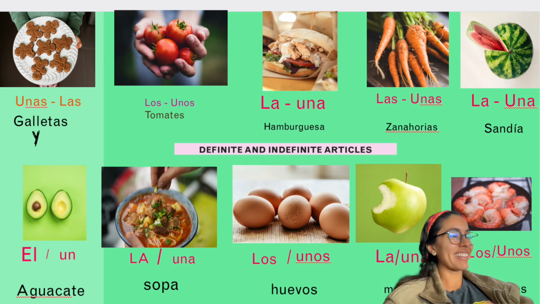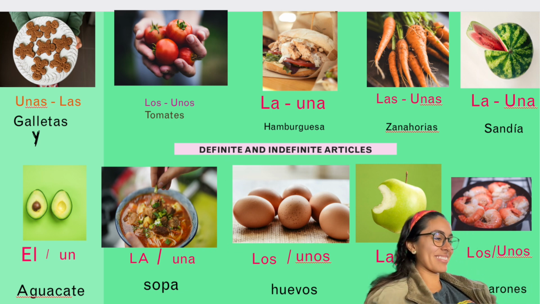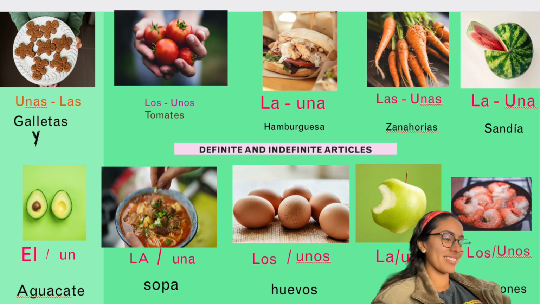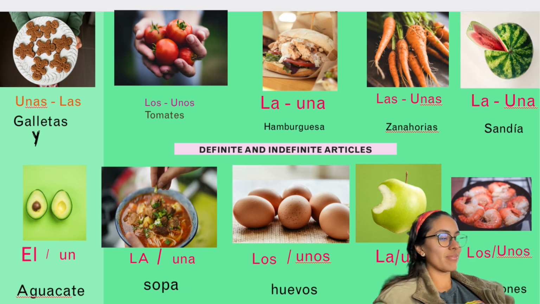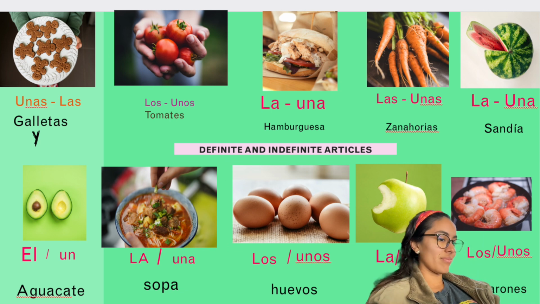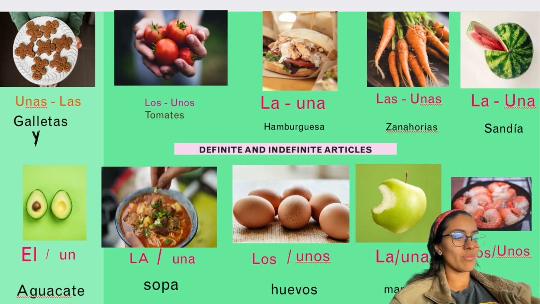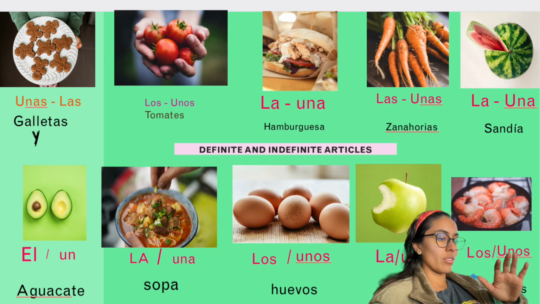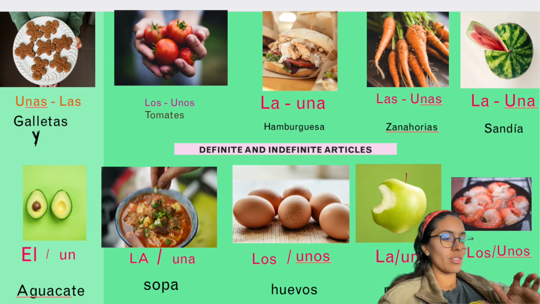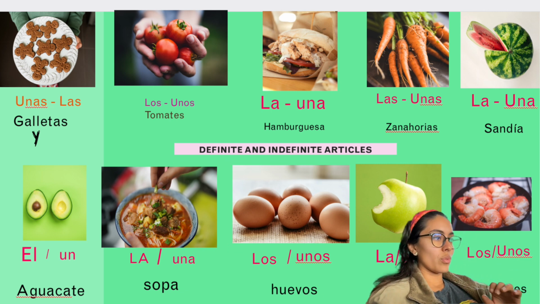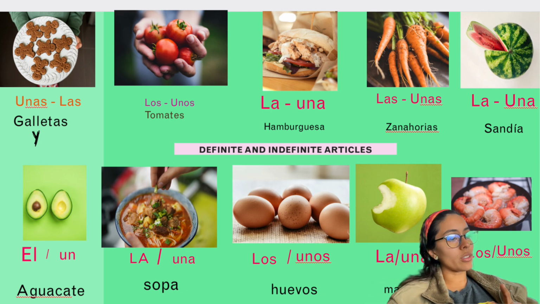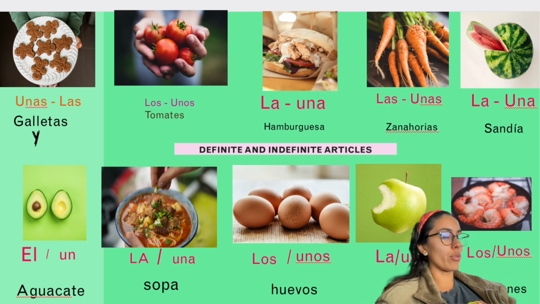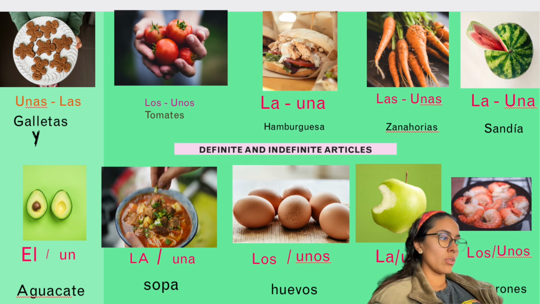Is it me? Yes. El aguacate. Un aguacate. La sopa. Una sopa. Los huevos. Unos huevos. La manzana. Una manzana. Los camarones. Unos camarones. That's good. I want you to repeat the huevos. Los huevos.